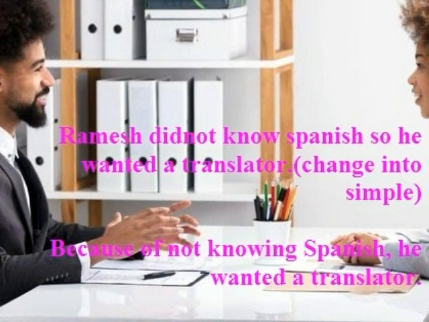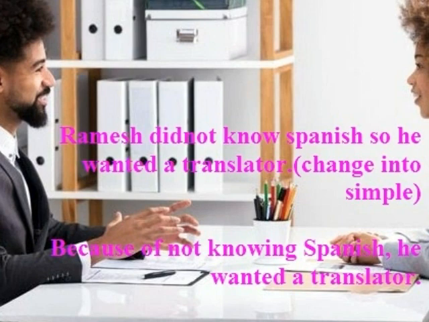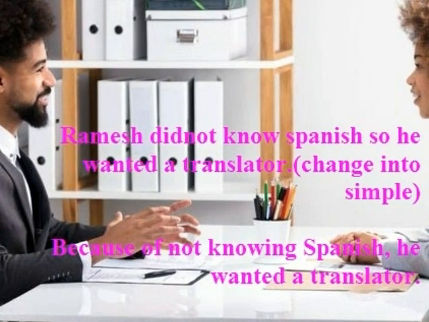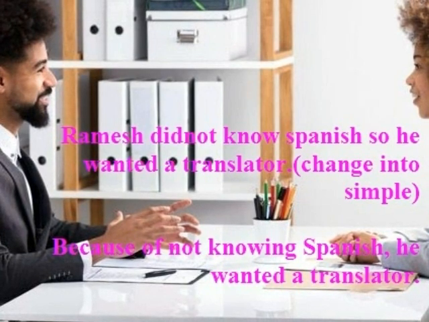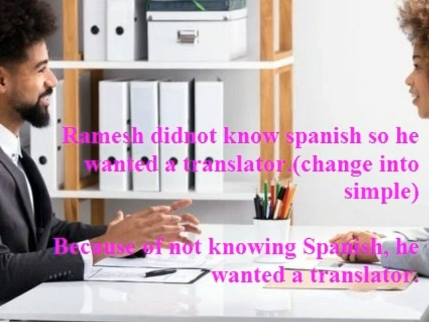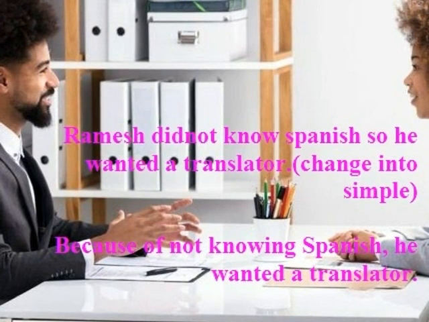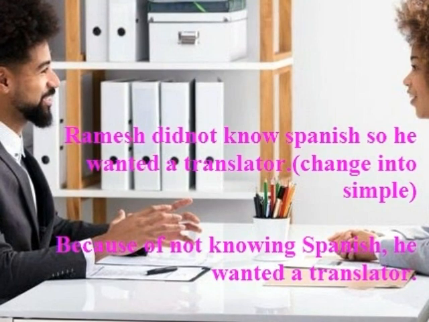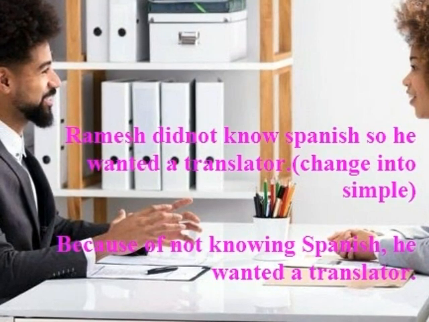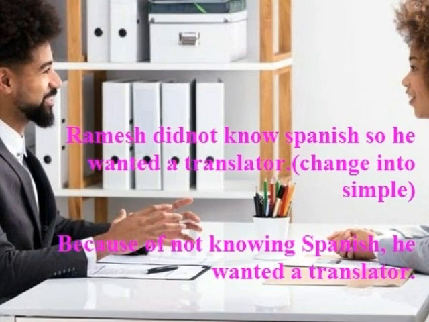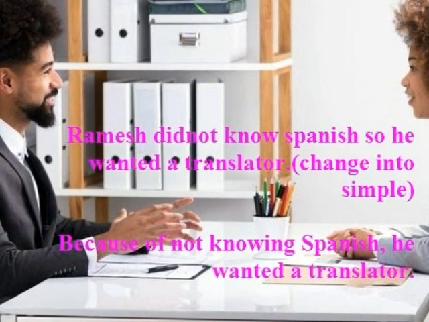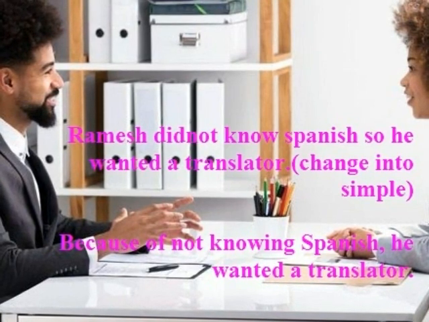Secondly, the finite verb know is replaced with a non-finite verb by adding ing to the verb, know into knowing. Now let us rewrite the sentence into simple by using the phrase because of. Because of not knowing Spanish, he wanted a translator.